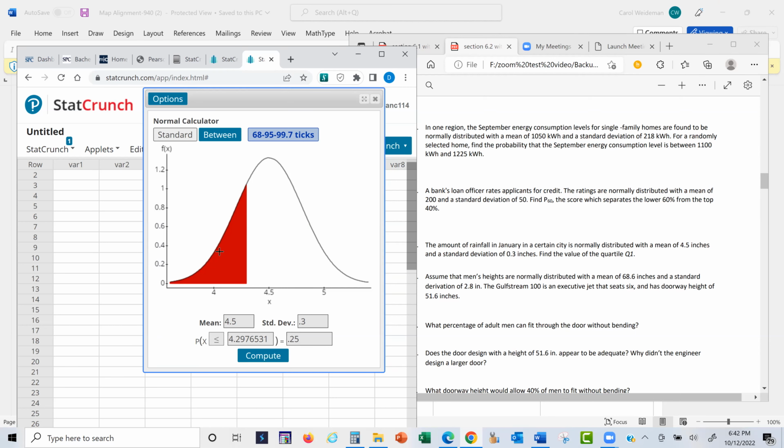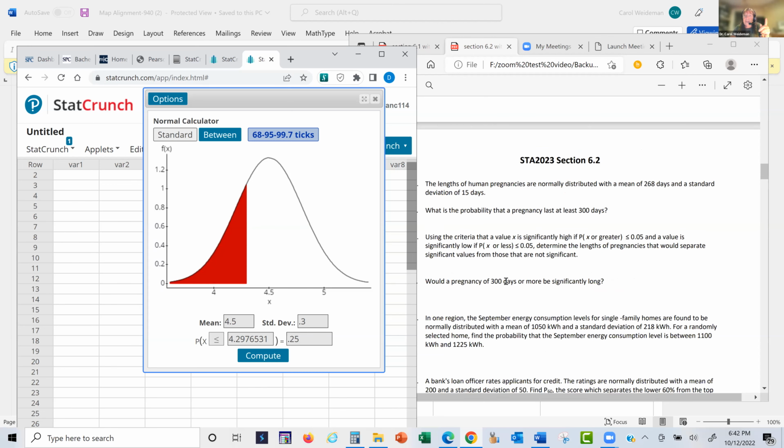I understand it with the diagram, with the drawing. But if I don't have a drawing, let's go back to the pregnancy problem. It said at least 300 days. So are you going to be calculating area to the left or to the right? You want 300 or more. So that's going to be on the right.